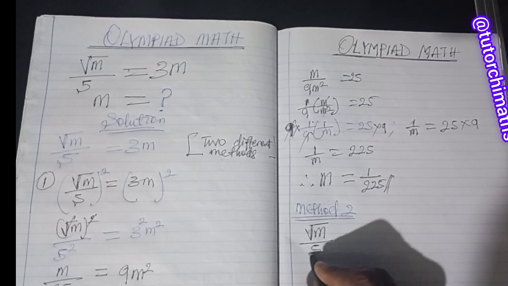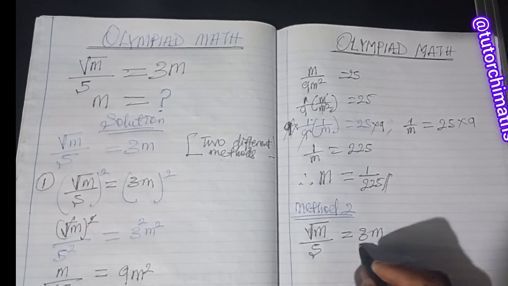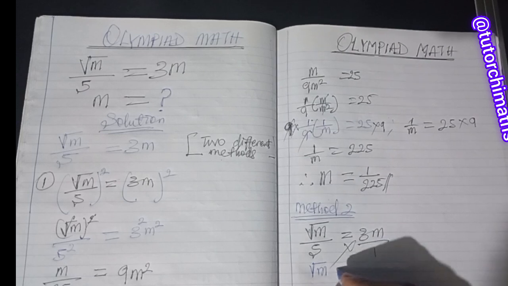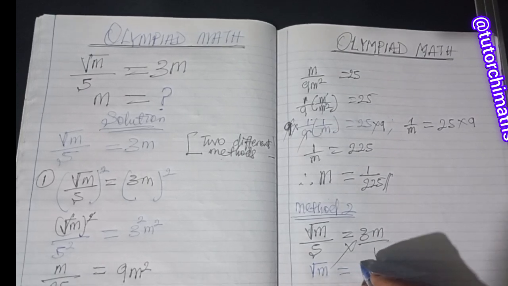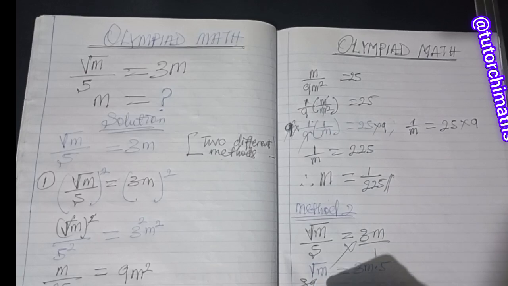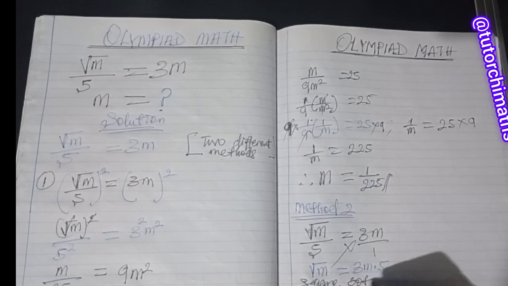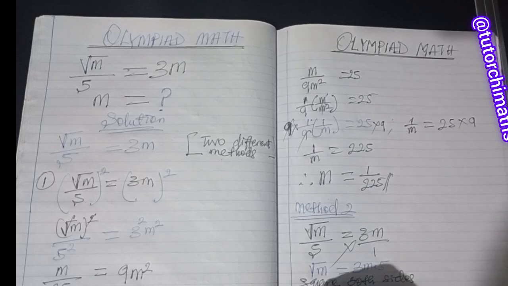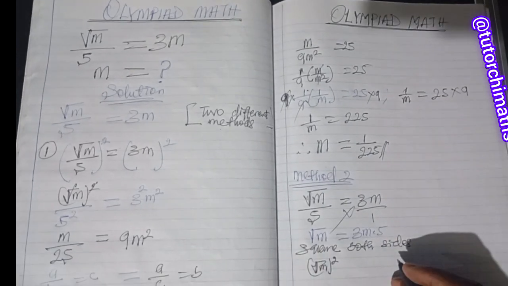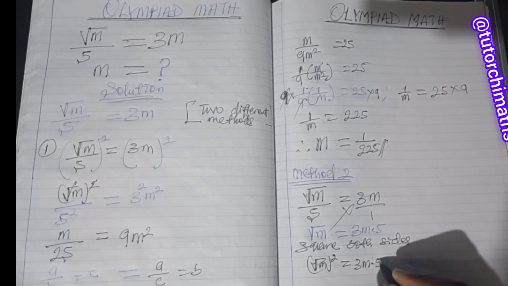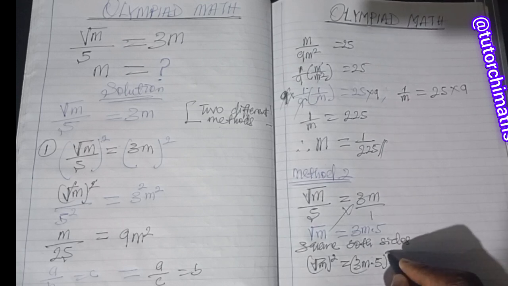Method 2. Root m over 5 equals 3m. Let's just cross multiply straight so that I can have root m is equal to 3m multiplied by 5. Now square both sides. I will have here root m all raised to power 2 is equals to 3m multiplied by 5 all raised to power 2.